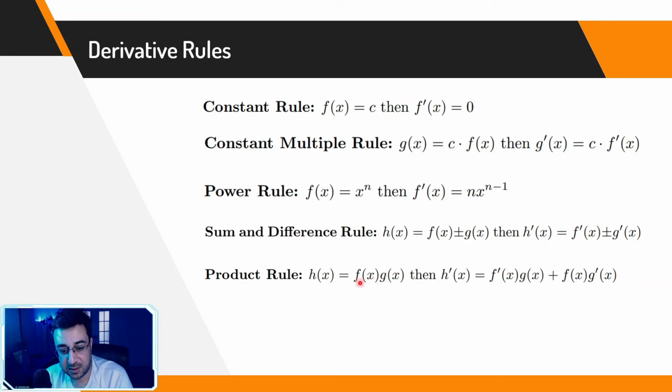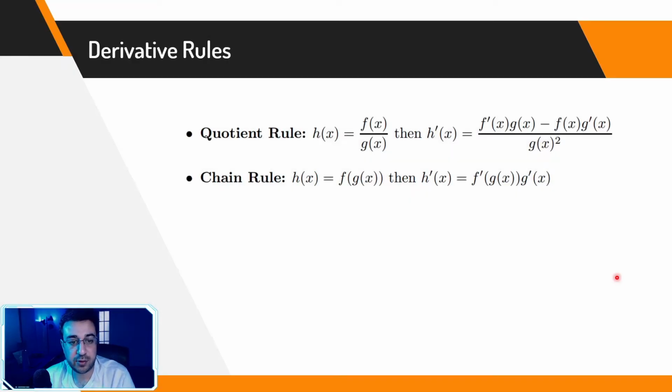If that makes sense: you have a function containing two functions within it. You want to do the derivative for that function, then the derivative of the first multiplied by the second plus the derivative of the second multiplied by the first. That's what this is telling, and we will see that in examples.